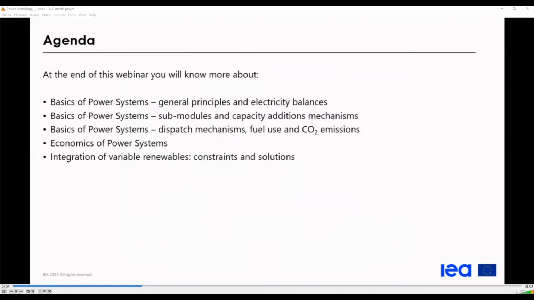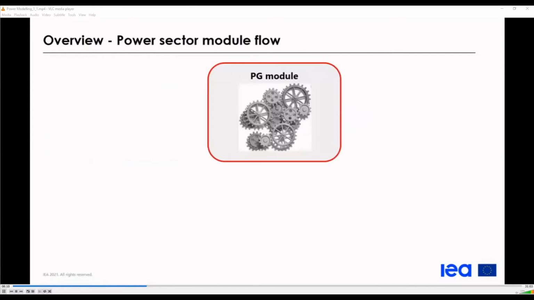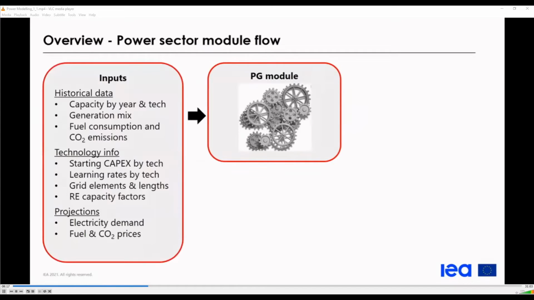Now let's move on to the next section of this power supply modeling session. So we will touch upon in more detail what the sub-modules of the power sector module in our model are. If we have a closer look at the power sector generation module, we have inputs flowing in. We need a lot of historical data, such as capacity by technology, by year.